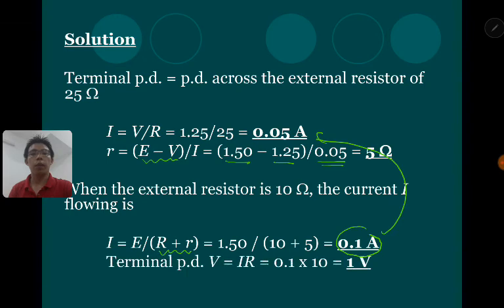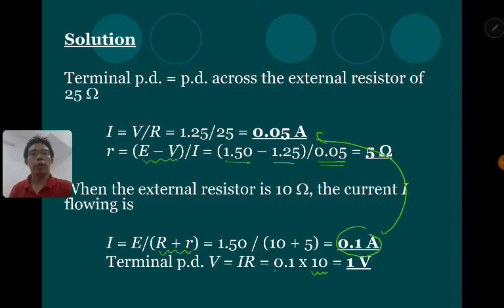What we can do is that, again, we find the new terminal PD by using the new current as it passes through the 10 ohm. Okay, because now the 10 ohm is the resistor outside the battery that takes all the PD outside.